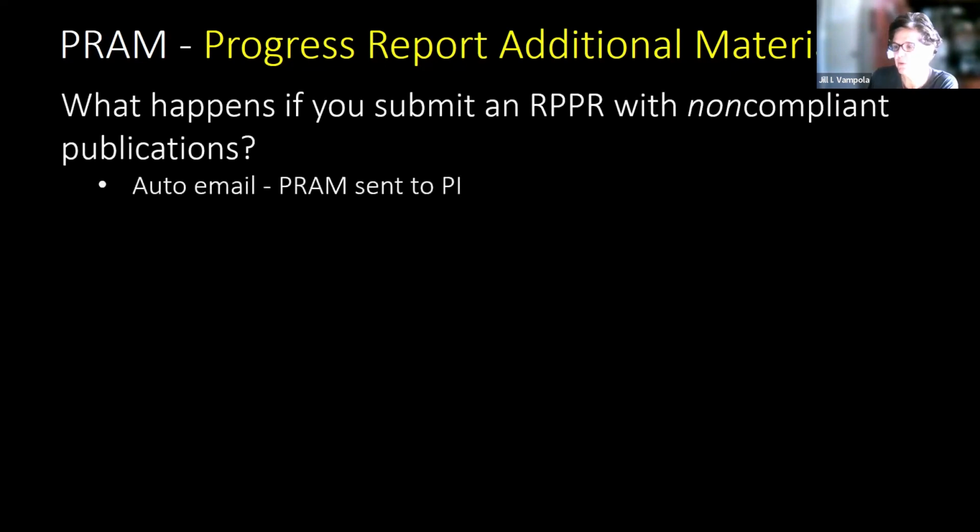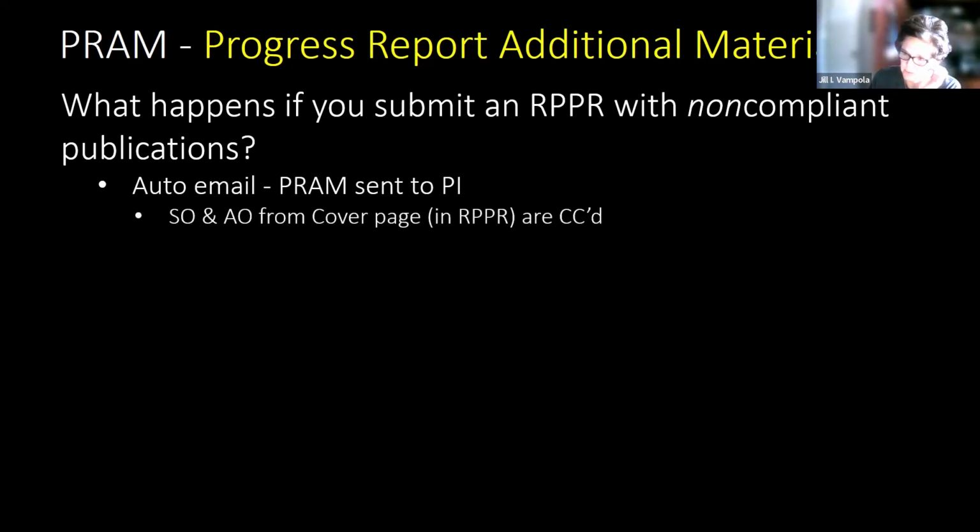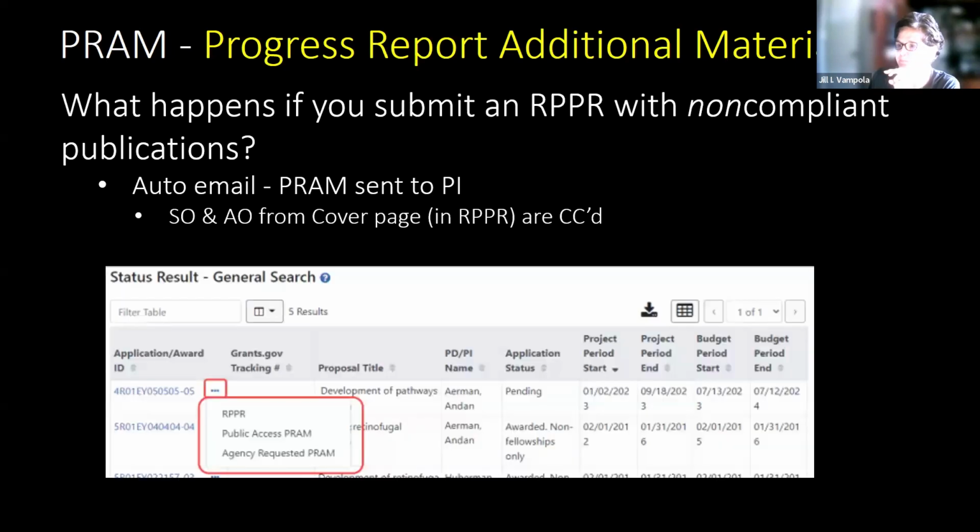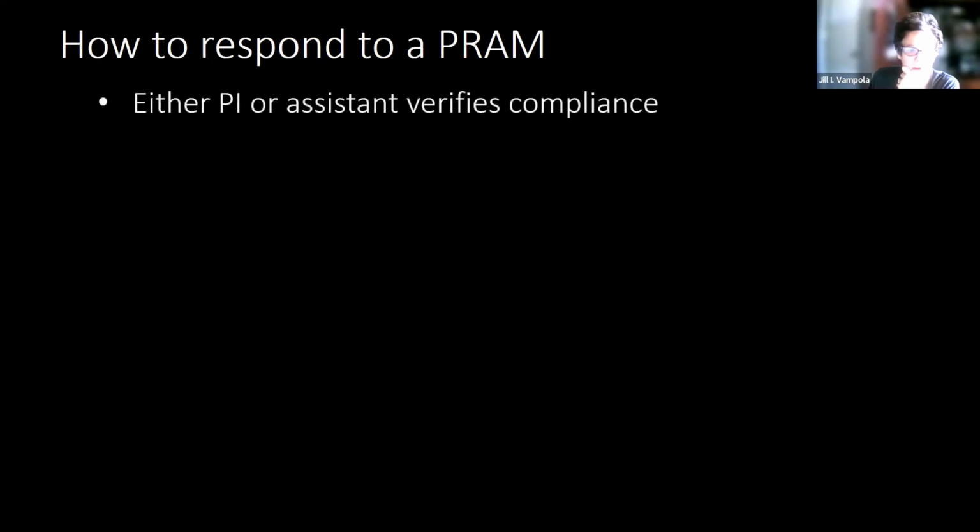An auto email is sent to the PI with a CC to the SO and the AO. So maybe not you, but hopefully your PI will send this to you and say, hey, we have a non-compliant publication. You go into eRA Commons, click the public access PRAM, and you'll have to respond.